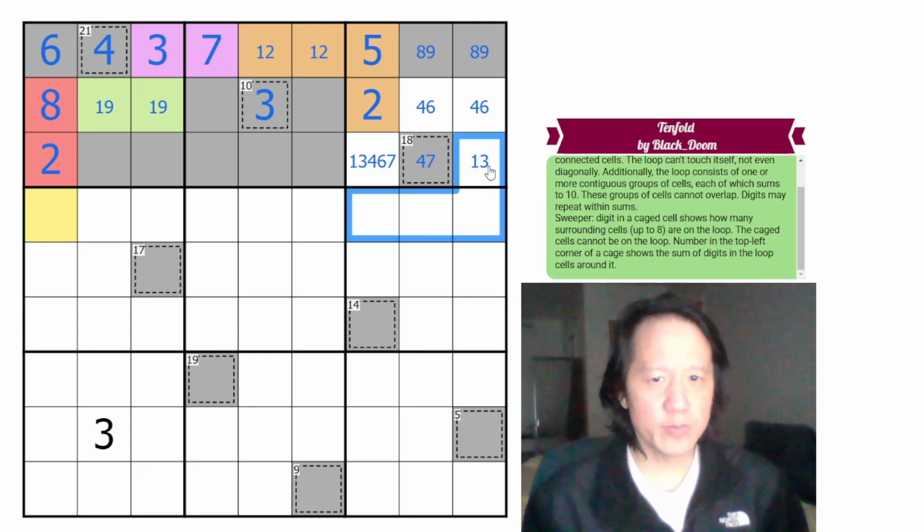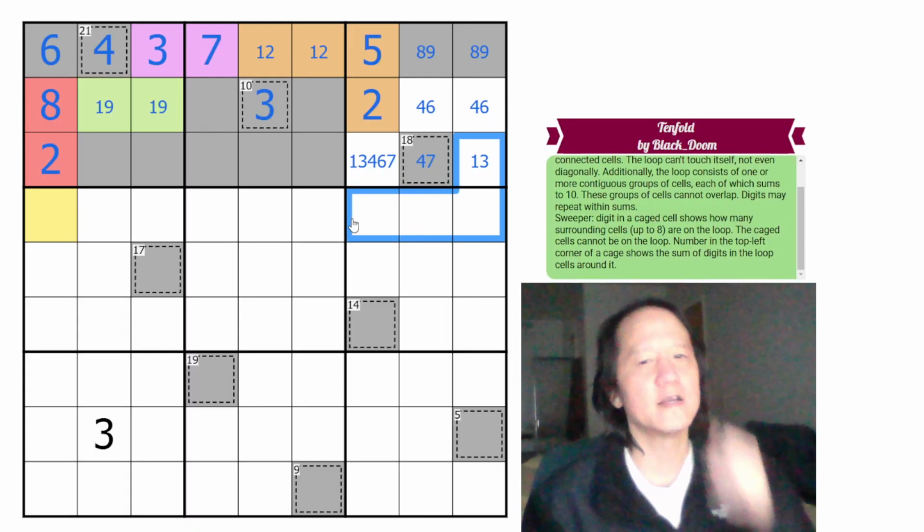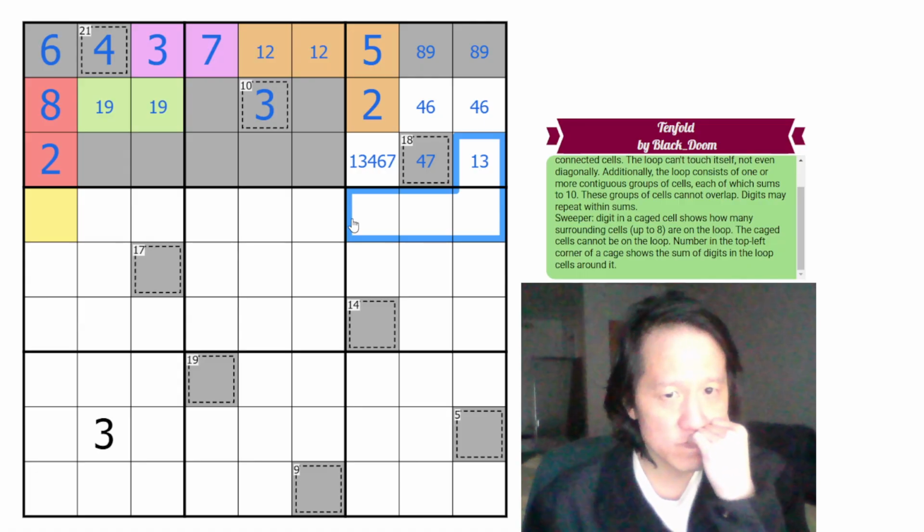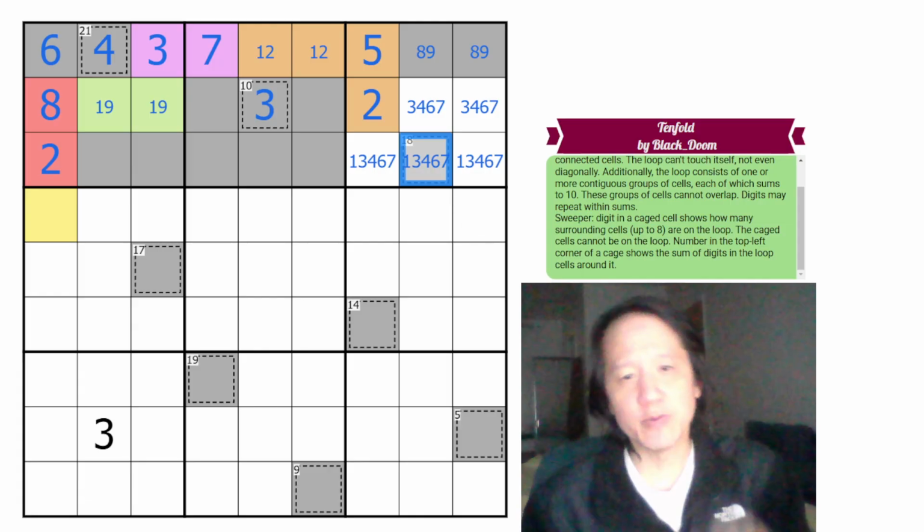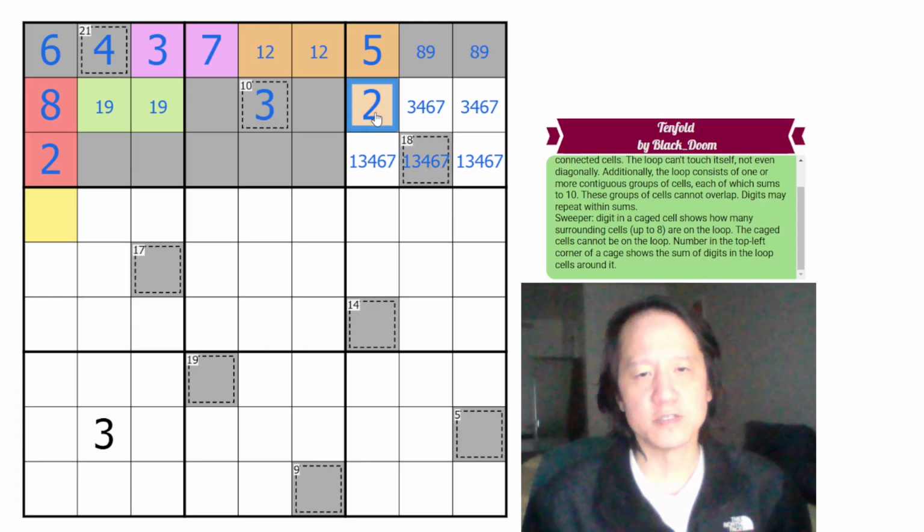So it could be these 4 adding up to... Okay, so one thing is, we know this can't be 1 or 3. If it's 3, it doesn't work because we have a 2 with 10 at most, so that's 12. So it can't be 1 or 3. It's 4, 6, or 7. This can't be a 3. So we now have a 4, 6, 7 triplet in box 3.